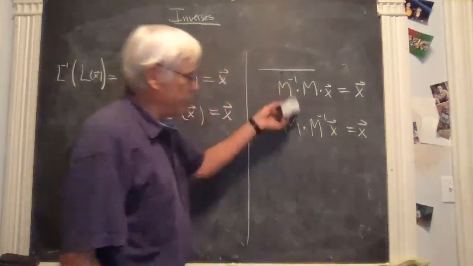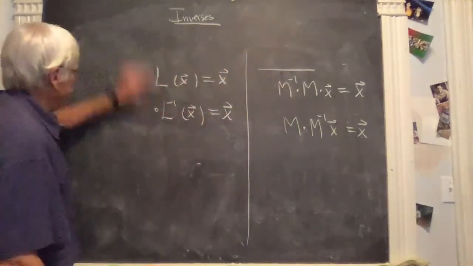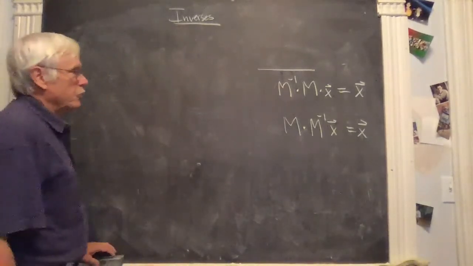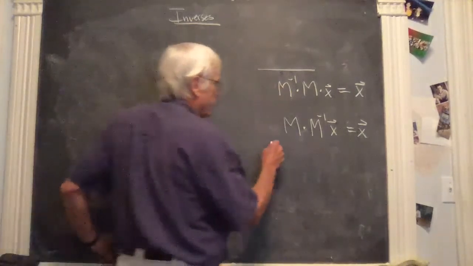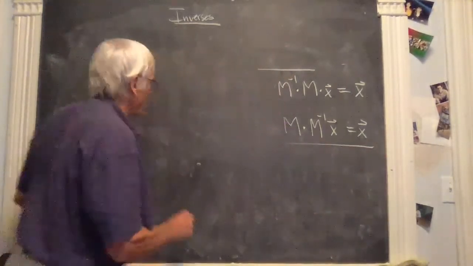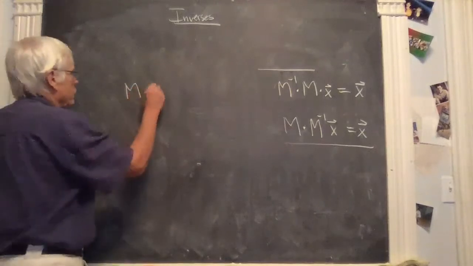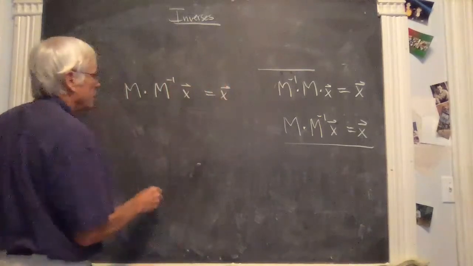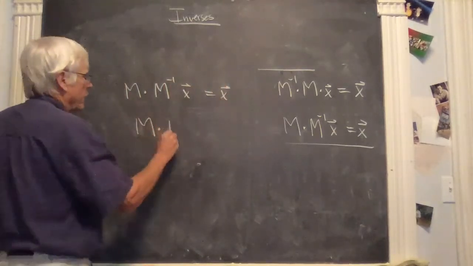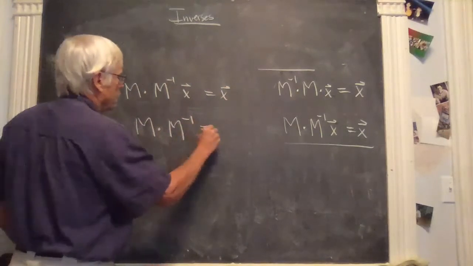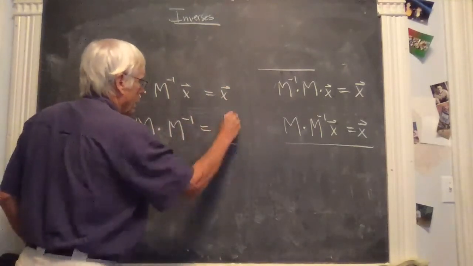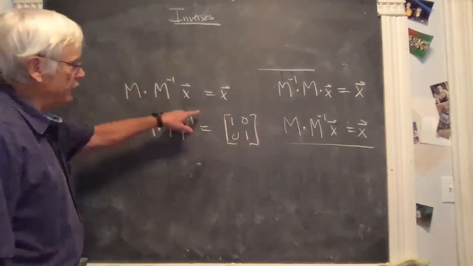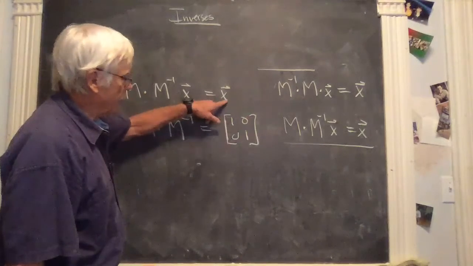And this is the key to how to find it. So let's look at this variety right here. M times M inverse times X equals X. This says that the matrix M times M inverse is equal to the identity matrix, 1, 0, 0, 1. And the reason is that if you apply the identity matrix to X, you get X back.